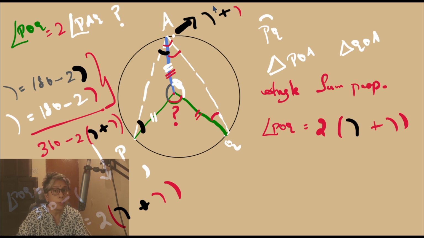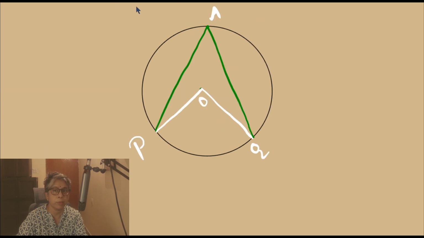Now off to the formal proof, because without the formal proof, writing an exam is also difficult. We have the same figure here. PQ subtends an angle at the center and an angle at the circumference. Now let me join OA. We saw that OA is equal to OP.